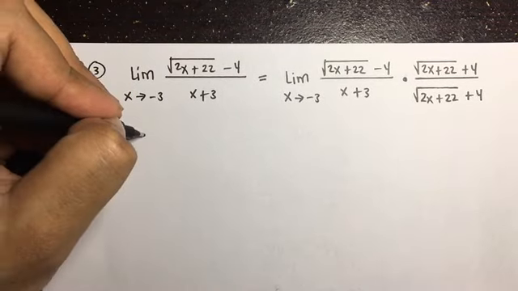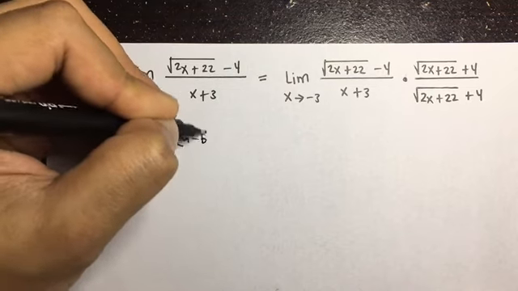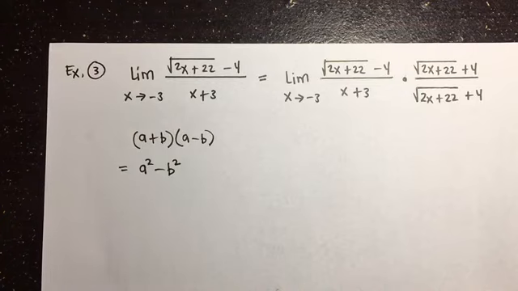Recall, in special products, if we have a plus b times a minus b, it will become a squared minus b squared.